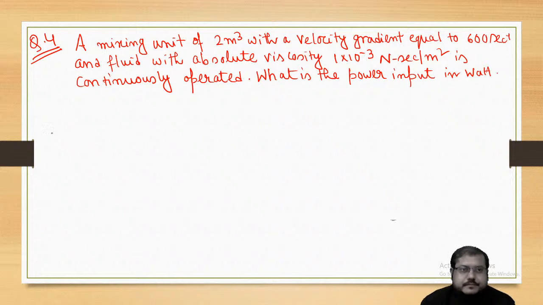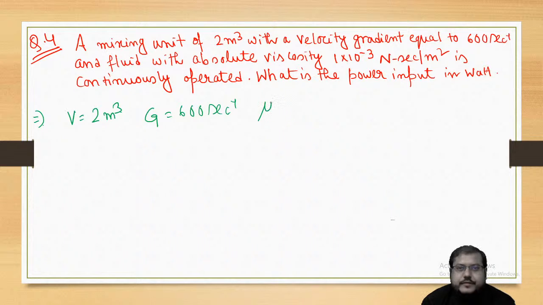To solve this, V is given as 2 meter cube. Velocity gradient capital G is given as 600 second inverse. Coefficient of absolute viscosity mu is given as 10 to the power minus 3 Newton second per meter square. Power input. What is G?